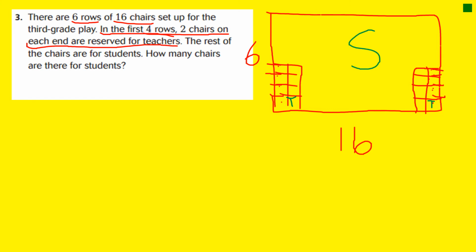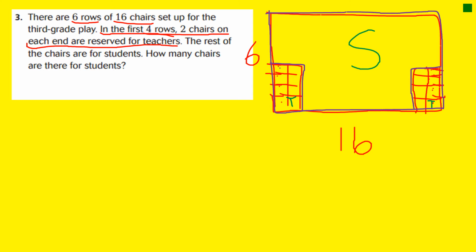Okay, how many chairs are there for students? So what can we do here? Again, we have a couple of ways we can solve this. What I'm thinking is, what do you think, boys and girls? If we find out how many chairs are in this entire section first, and then we can take the teacher chairs out of that product.